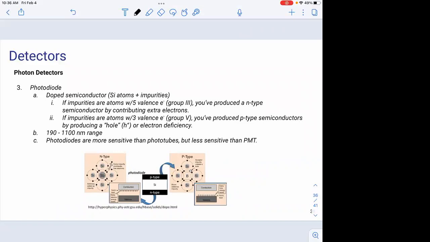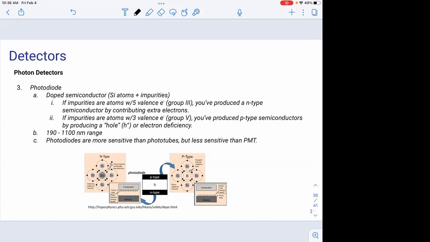Photodiodes are another example of photon detectors. So these are doped semiconductors, right? So silicon lattices with impurities in them. So you are again looking at a PN junction, and electron hole pairs.